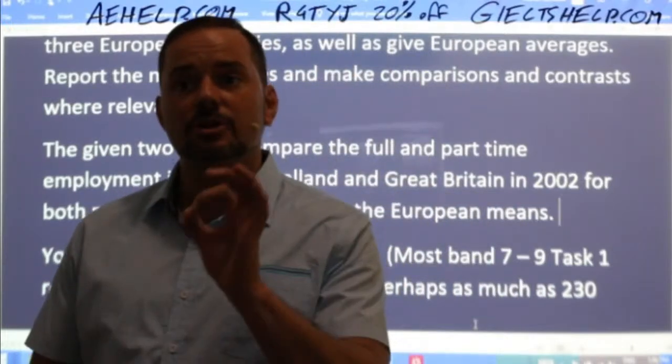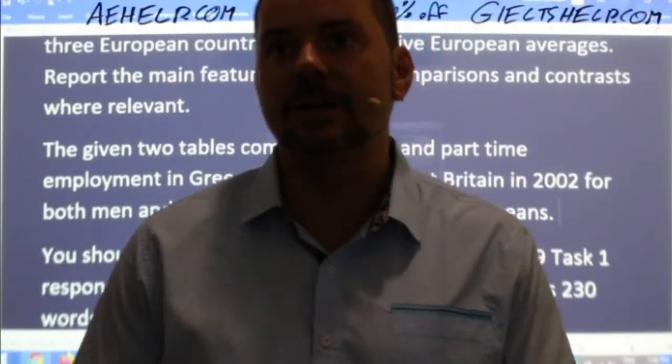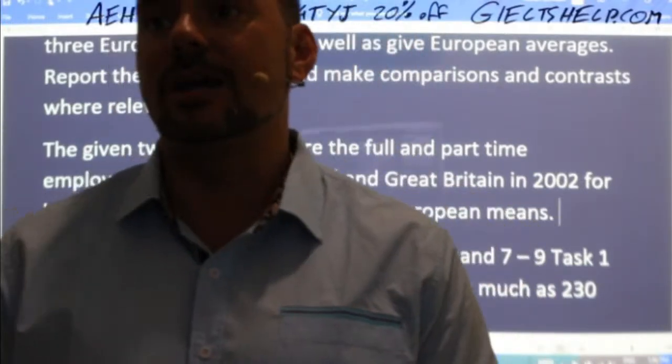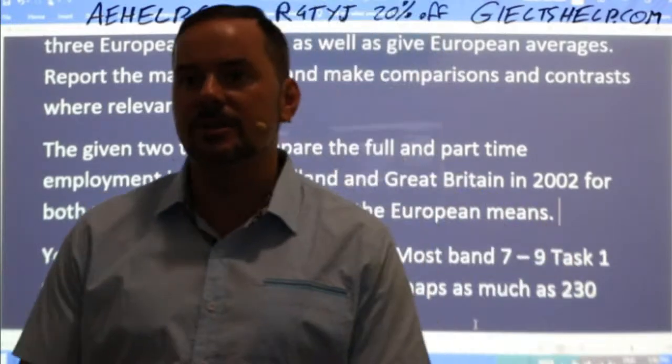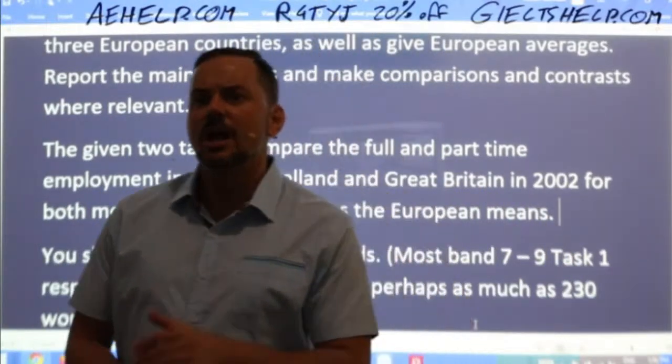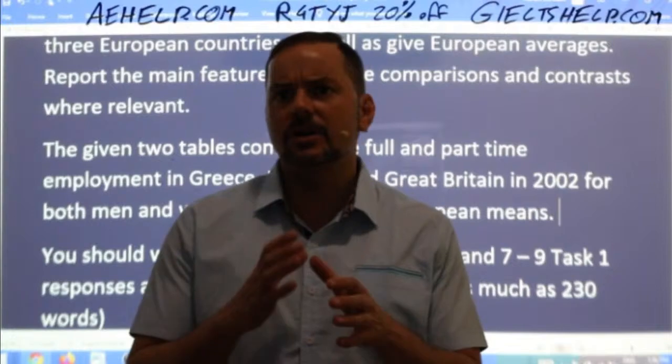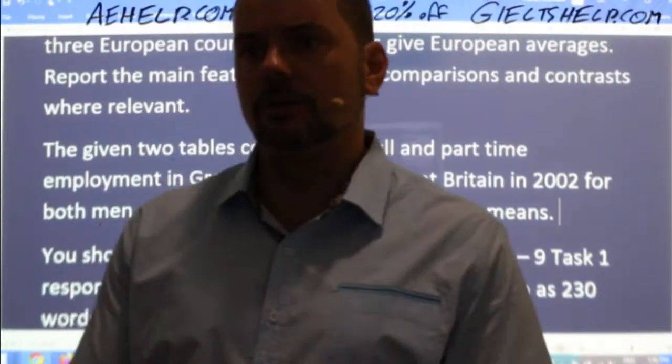Very good, Kyber. Just a couple of small mistakes there. Pay attention to those, okay? As well as provides the comparison of the European averages. You don't need the word comparison in there, Kyber. That's what you're going to do, okay?